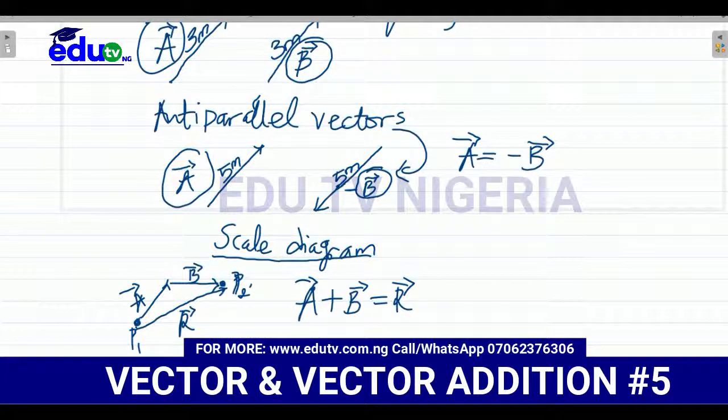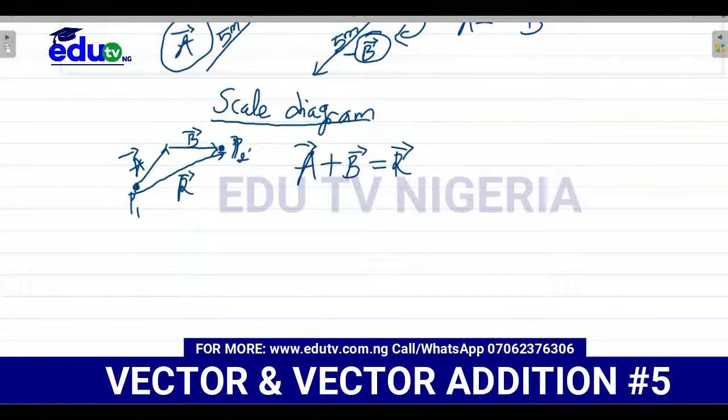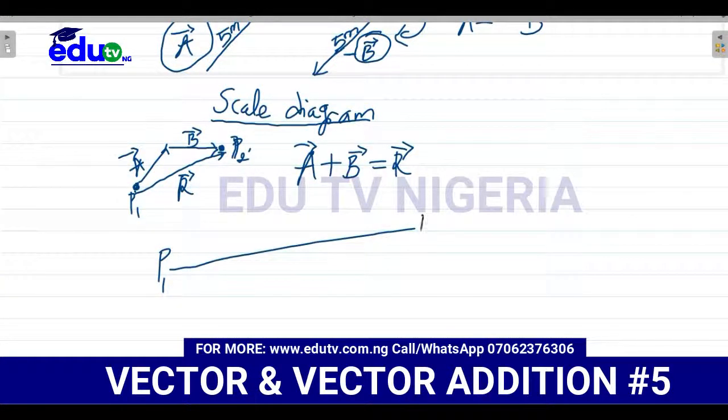Okay, for better understanding, we are having a point, the displacement from point P1 to P2. This is a displacement. And we have several vectors within this position.